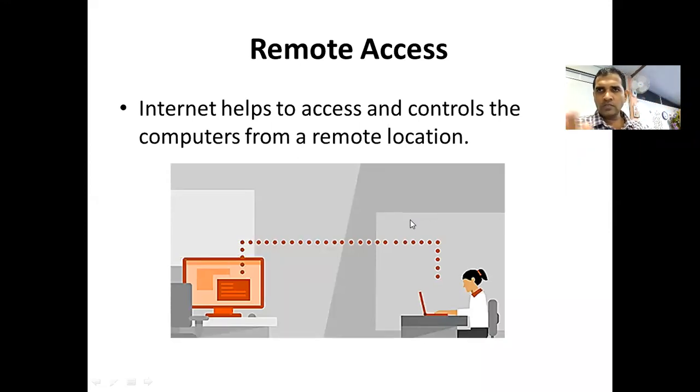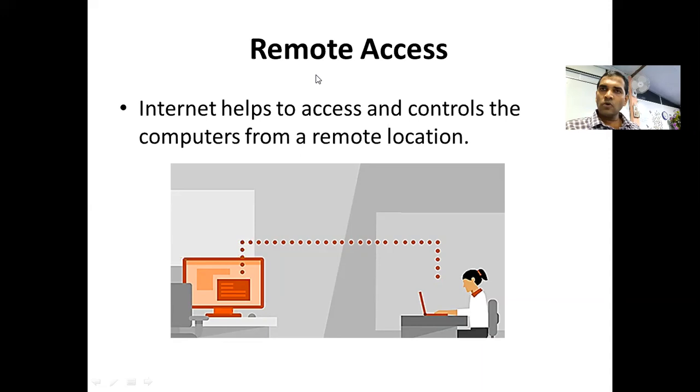But look at the distance between me and that particular computer. It may be thousands of kilometers. Even though the distance is thousands of kilometers, it is possible to access that particular computer. Not only access, it is even possible to control that computer from a remote location.